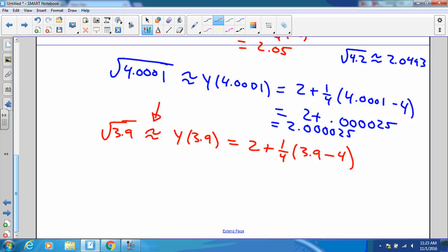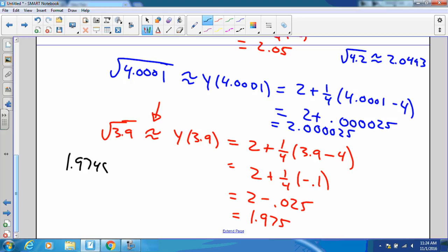And observe that because x is to the left of 4, I'm going to get a negative quantity inside here times a positive slope. Means it's going to be 2 minus 0.1 divided by 4, which is 2 minus 0.025, or 1.975. What's the actual square root? 1.9748.